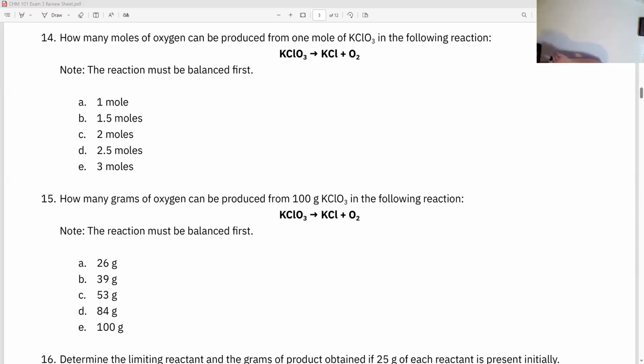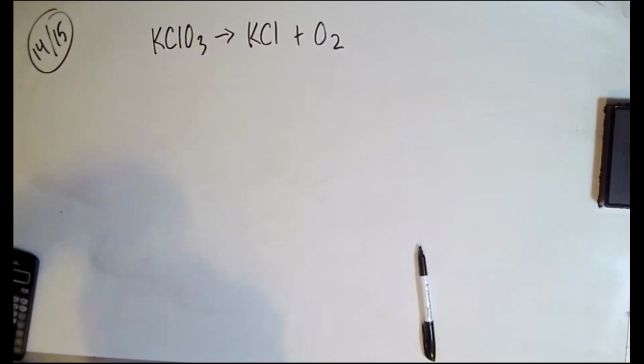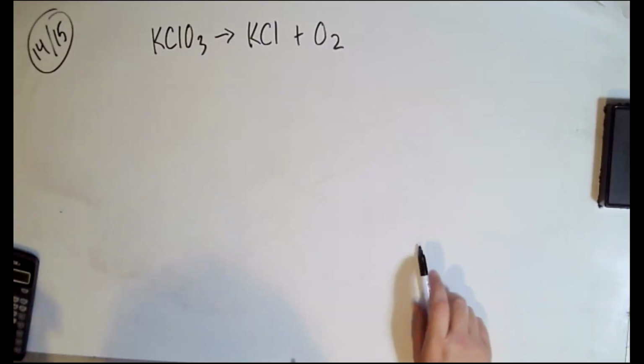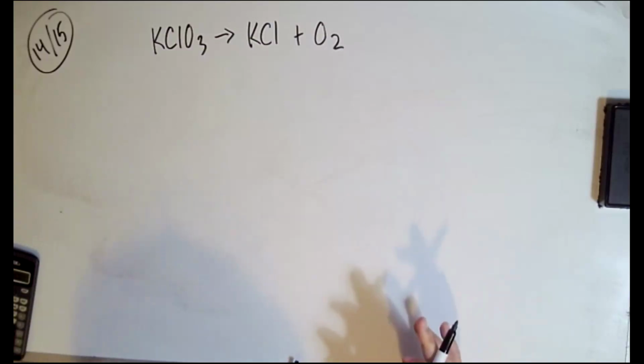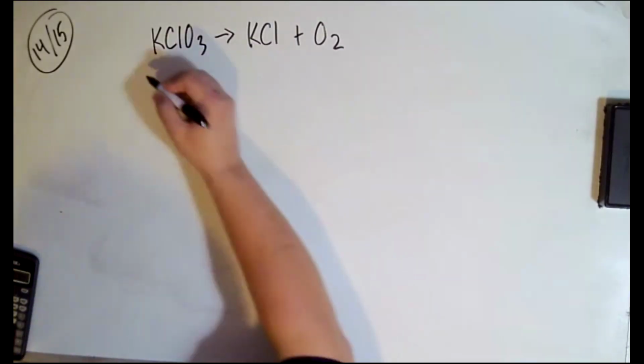Okay, so first off, 14 and 15, they give us the reaction. Okay, and the first thing that we're going to have to do is balance this reaction. We can't answer any of the questions that they're asking us until we balance this reaction.